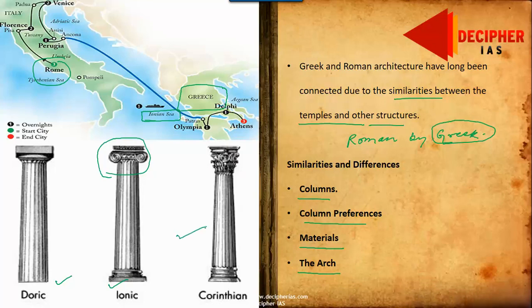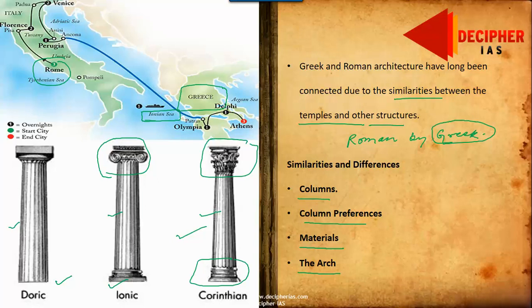And the Corinthian column is a very highly ornate column, decorated both at top and bottom with intricate designs and artwork. Just see the upper part and the lower part of this column and compare it with the previous two columns. This is the most simple, this is the moderate one, and this is the highly decorated column.